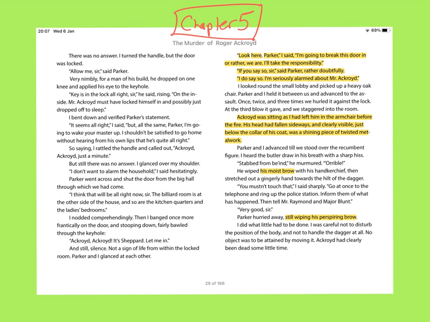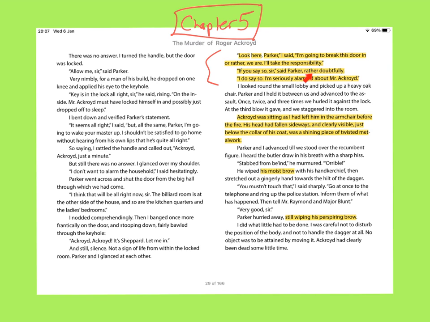So here we have Shepherd presenting himself as this heroic, dynamic figure, the concerned and heroic doctor. So the door's locked. I wonder who locked it. We know. And then we get a bit of bold heroism here, or what seems like bold heroism. "Look here, Parker, I'm going to break this door in, or rather we are. I'll take the responsibility."